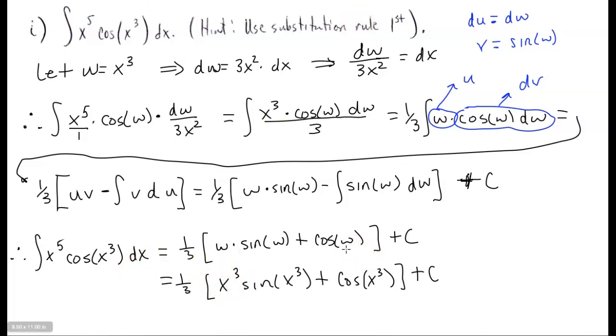And we see that that ends up being the answer that we need to get. Because we used the substitution rule first, that actually made using integration by parts relatively simple to use and employ so that we can get our final answer.